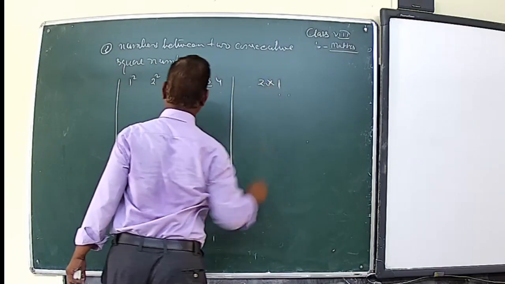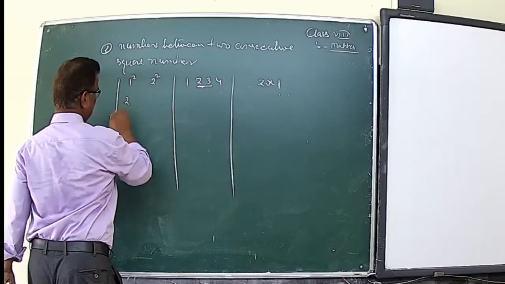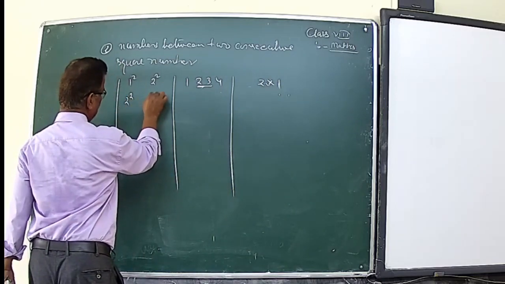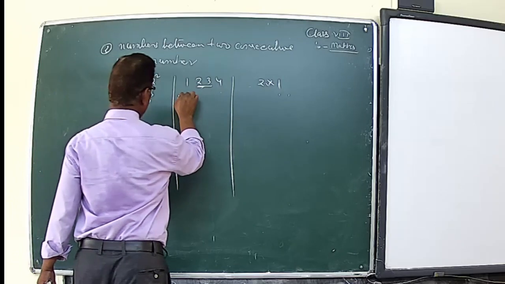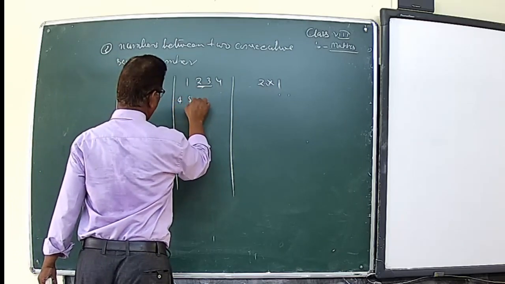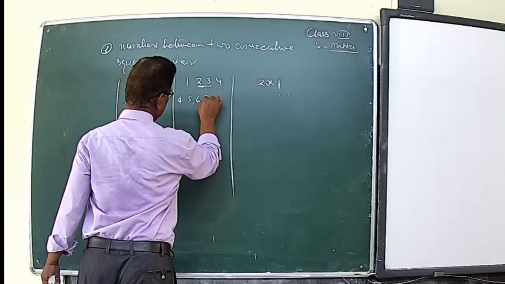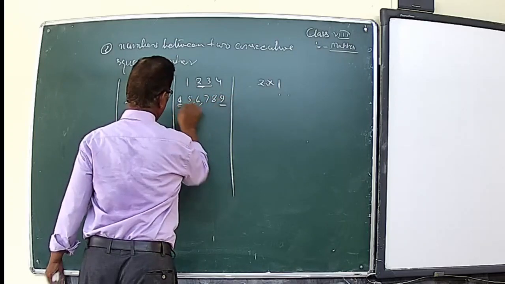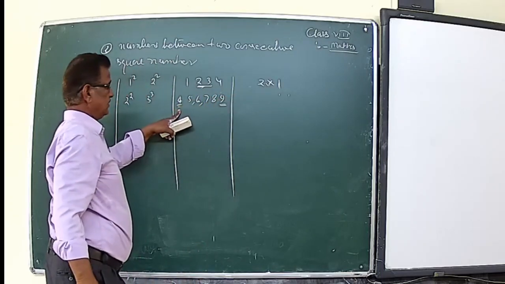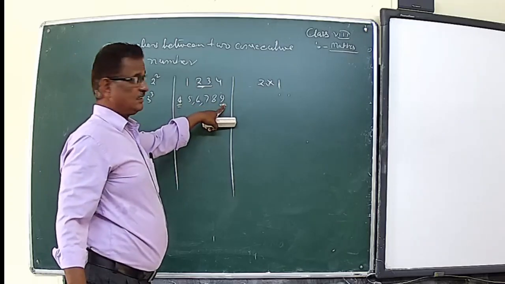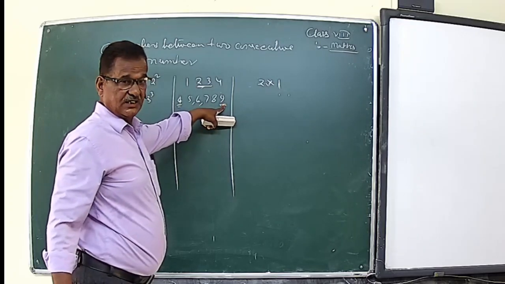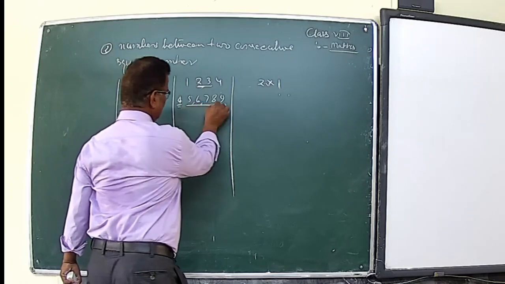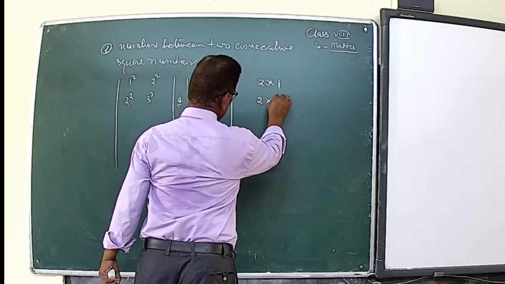Now take 2 squared and 3 squared: 4, 5, 6, 7, 8, 9. 4 is the square of 2, 9 is the square of 3, and the numbers lying between are 2 into 2, that is 4.